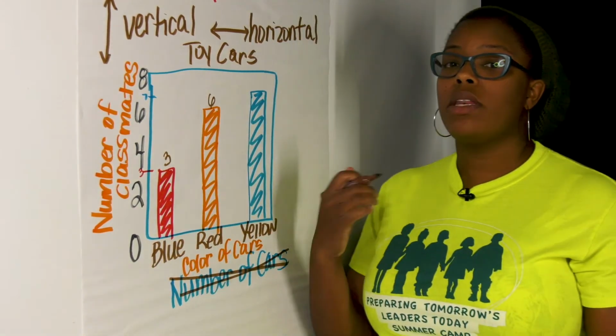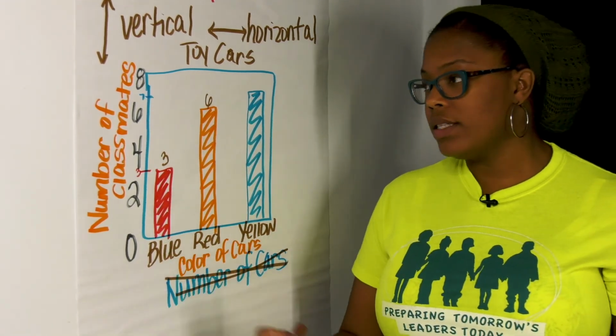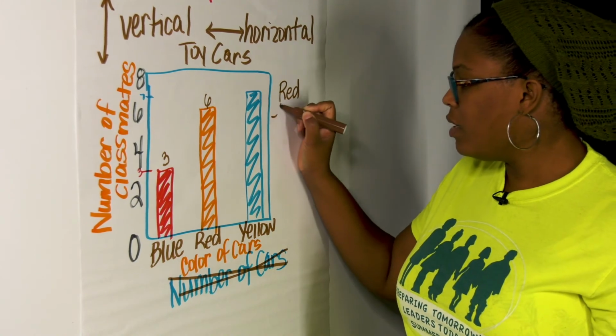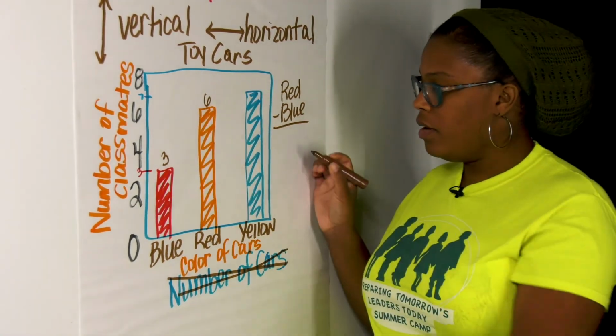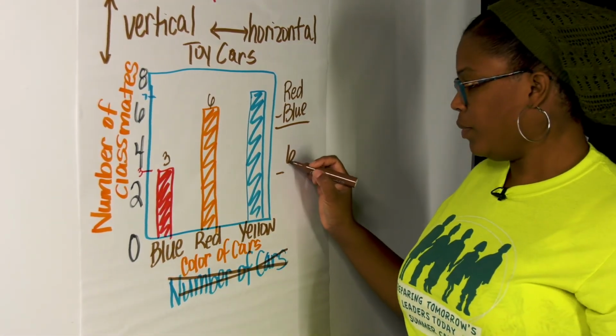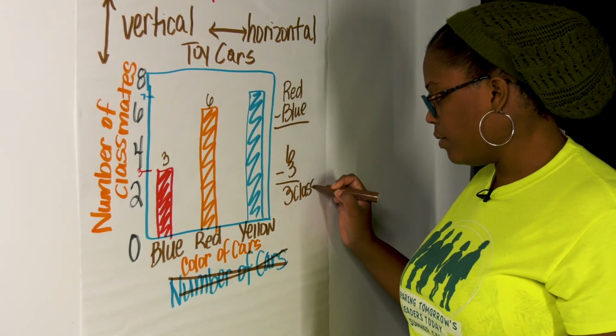So if it said how many more classmates have red cars than blue cars, that means I'm going to subtract my red minus my blue. And the number that represented red was 6 minus the number that represented blue, 3, which is 3 classmates.